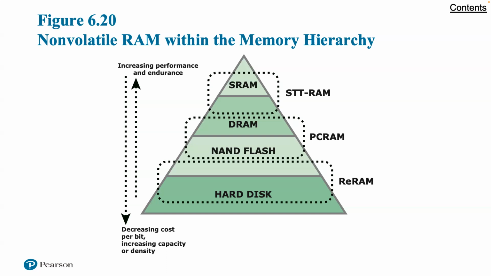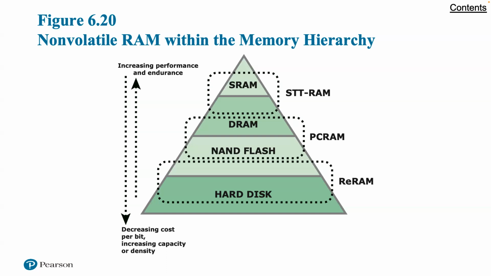So now we're seeing, moving down the pyramid, over time, each of these technologies has seen improvements in scaling, higher bit density, higher speed, lower power consumption, and lower cost. However, for semiconductor memory, it is becoming increasingly difficult to continue the pace of improvements.